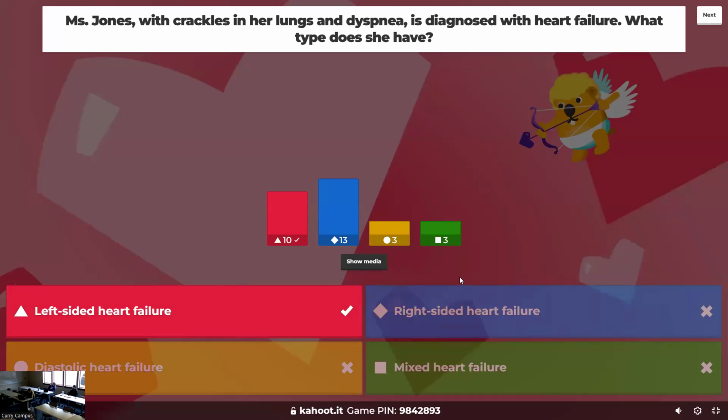A little bit of mixed there. So you would hear crackles on the left side because the left ventricle is not working as well. It's not pumping that oxygenated blood up through the system or the peripheral system, and it's backing up into the lungs. So you'll hear crackles for left-sided heart failure.